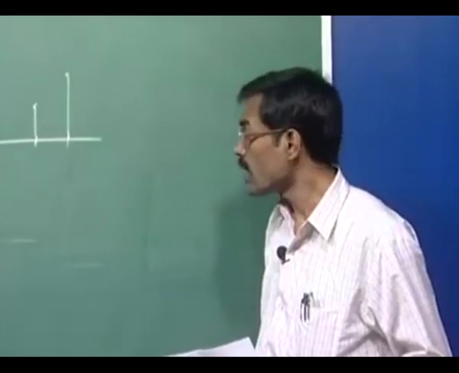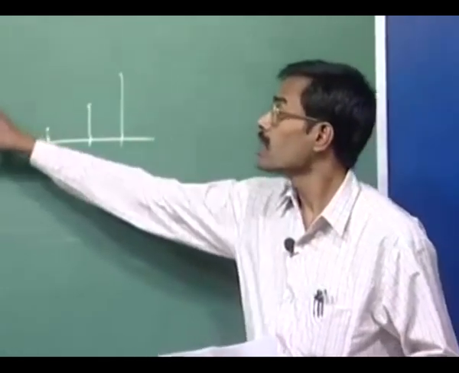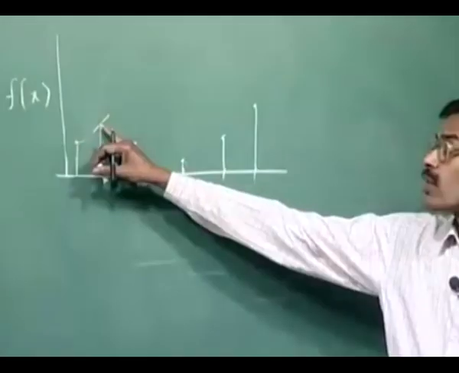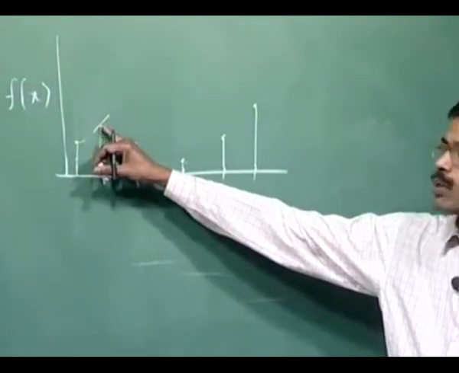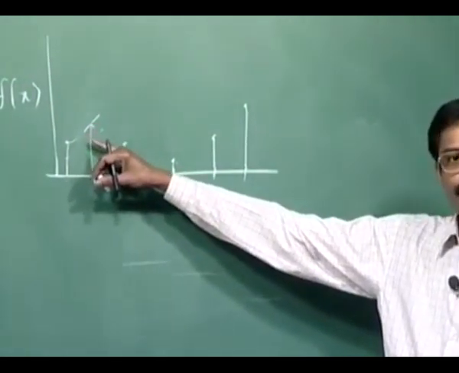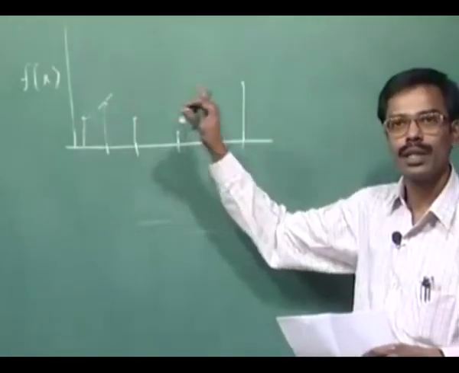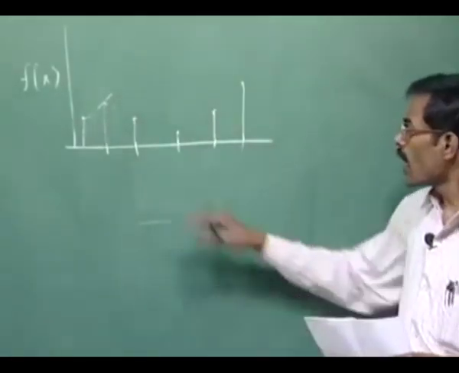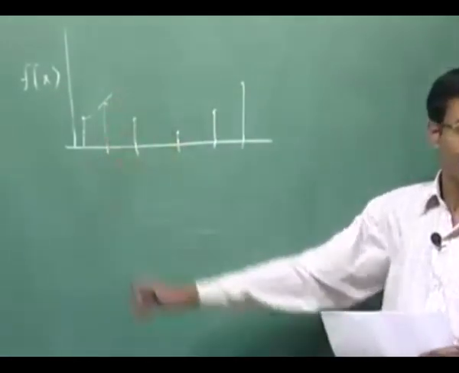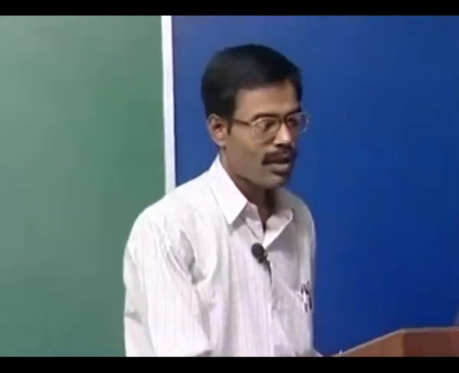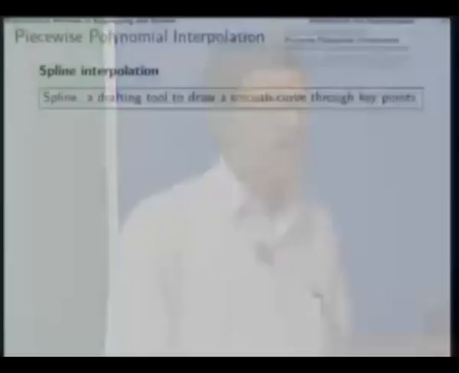We can do that when the requirement does not specify the derivative value. When we do that, we can develop a function representation which is not only first order continuous but second order continuous across the junctions, and that kind of approximation is called spline interpolation.